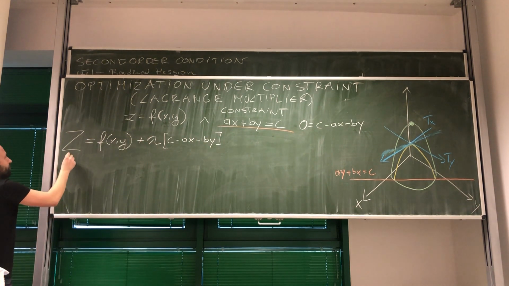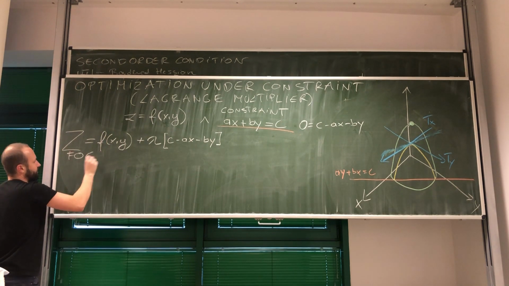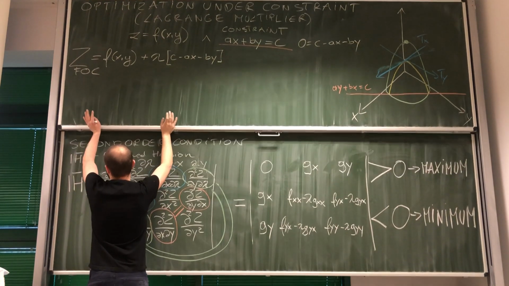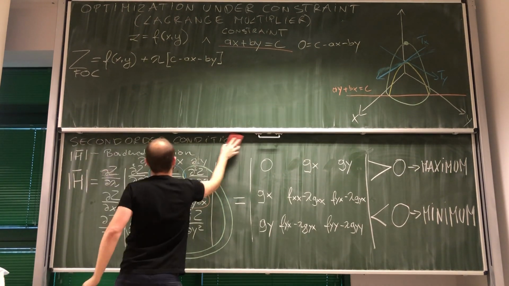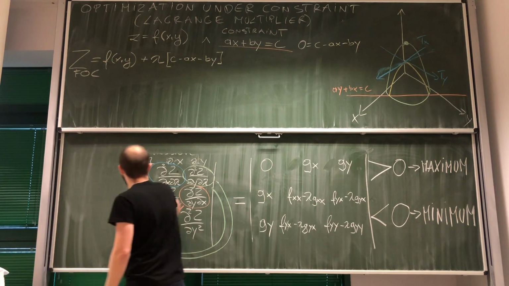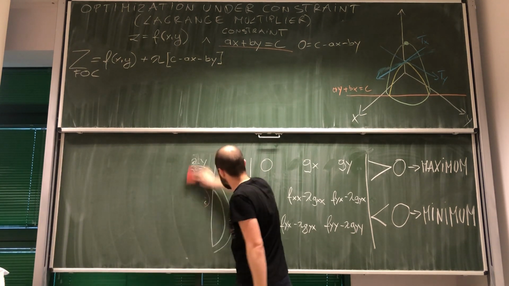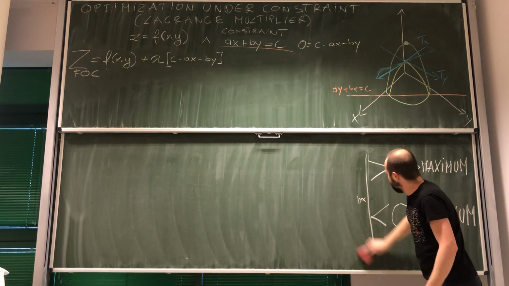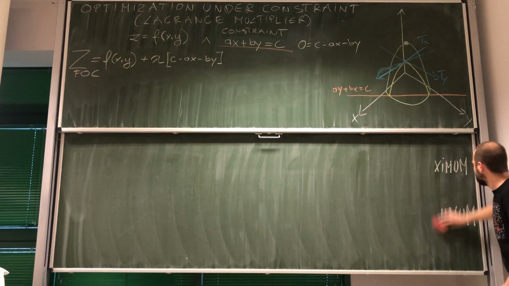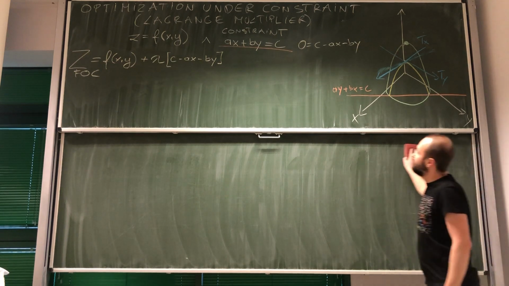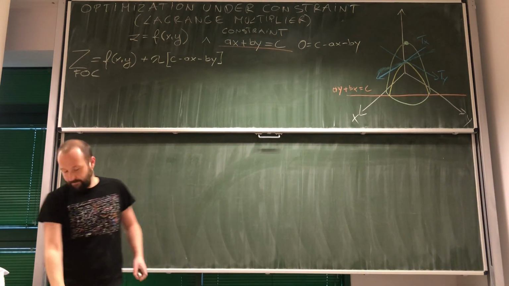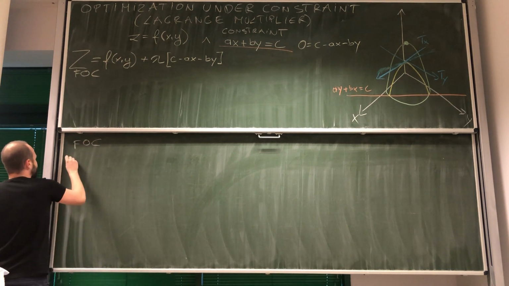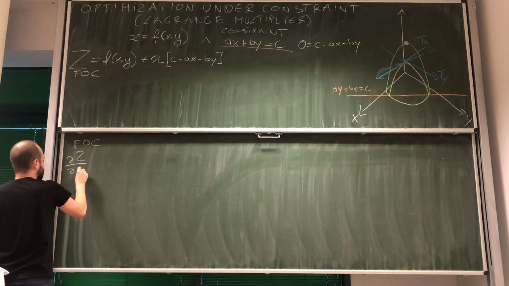Okay, and now we go to first order condition. So I differentiate capital Z with respect to lambda.